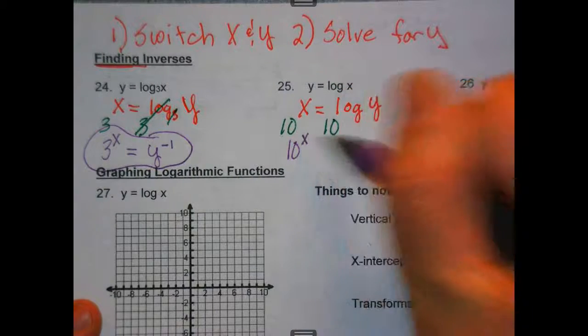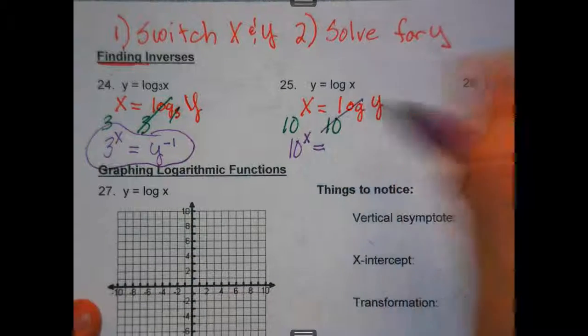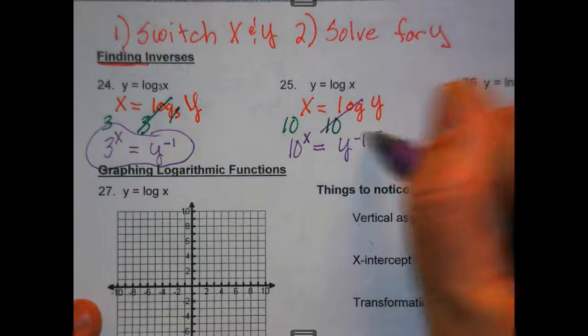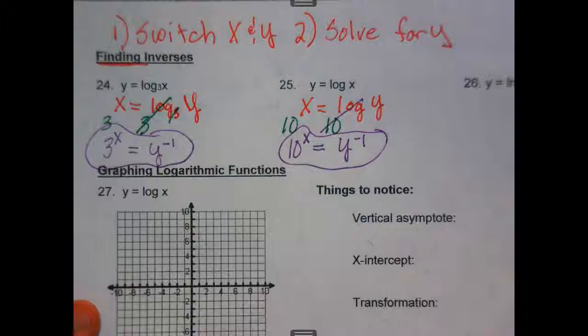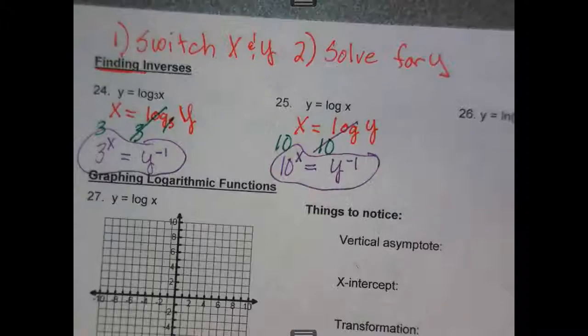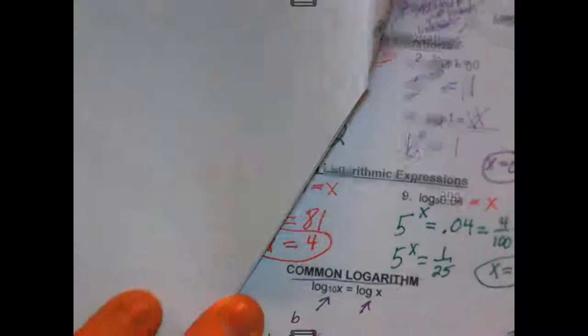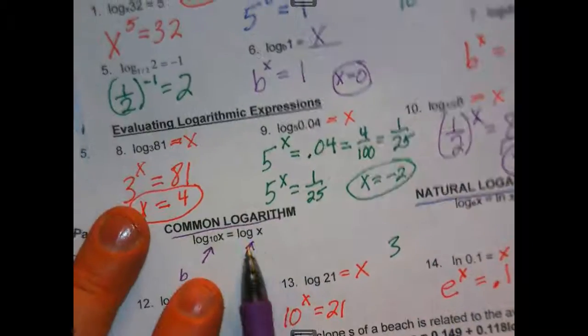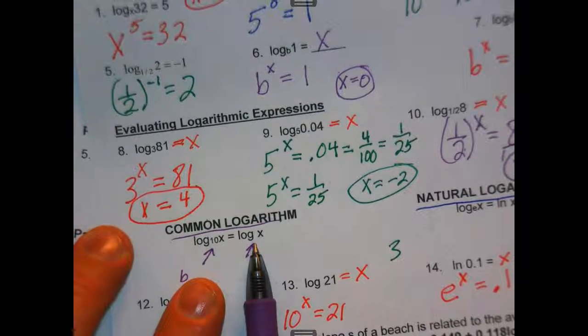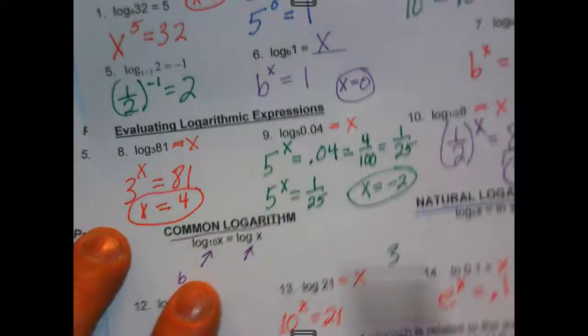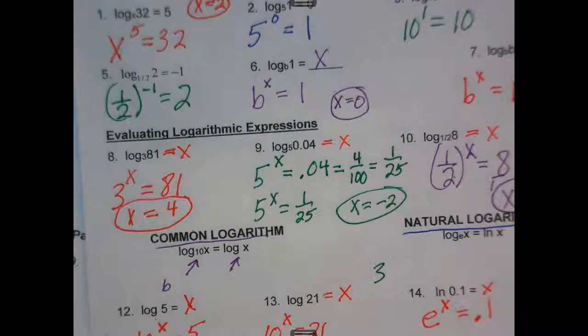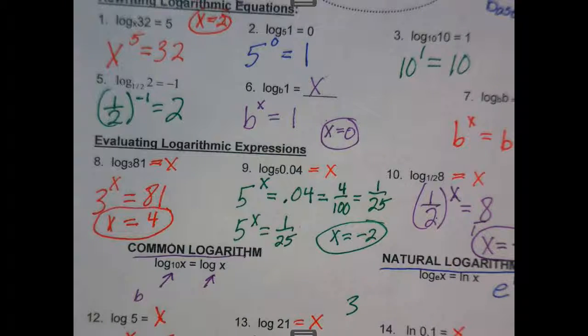So I got 10 to the x. These cancel out, equals my y inverse. Because on Friday and on our homework, we learned that the common log, if you don't see a base there, it's a common log with base 10. I practiced it over the weekend on the homework, and therefore I have it in my muscle memory.